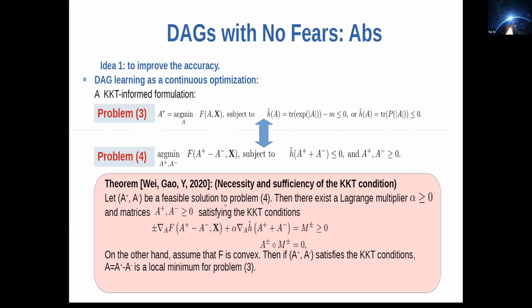Instead of using the original NOTEARS, which depends on the Hadamard product of A, we solve for the positive and negative components of A, and apply the constraint to their summation, which is equivalent to the absolute value of A. Even better, we can show that for this formulation, a feasible solution is actually not quasi-normal, but the KKT condition becomes necessary and sufficient.